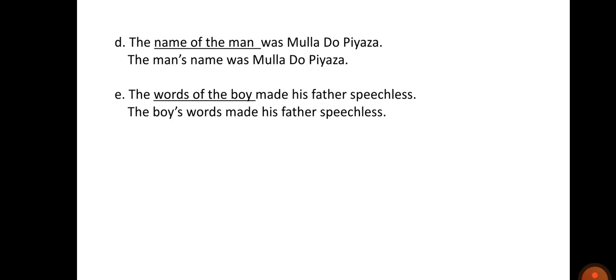So what will we do? We will add apostrophe s to the boy and then write words: the boy's words. This is showing us the belongingness or the relationship of the words with the boy. The boy's words made his father speechless.